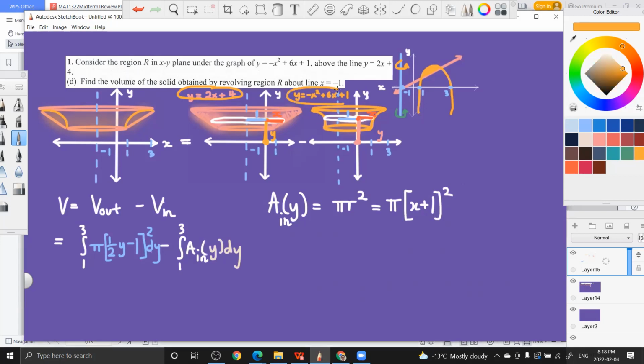Our function for this one is y equals negative x squared plus 6x plus 1. So how do you solve it to get x in terms of y? It's very simple. I'll give myself some more space and write this up here. A in is equal to pi times x plus 1 to the power of 2.